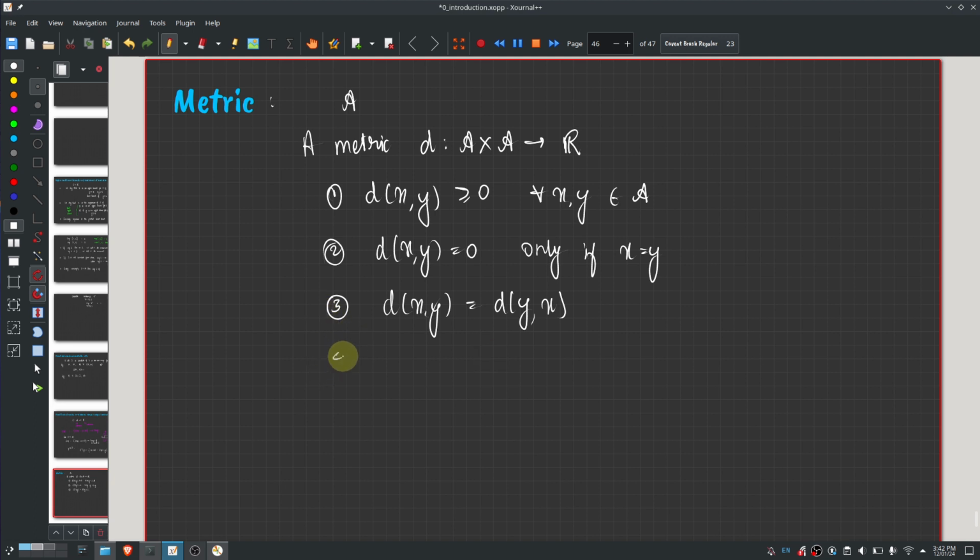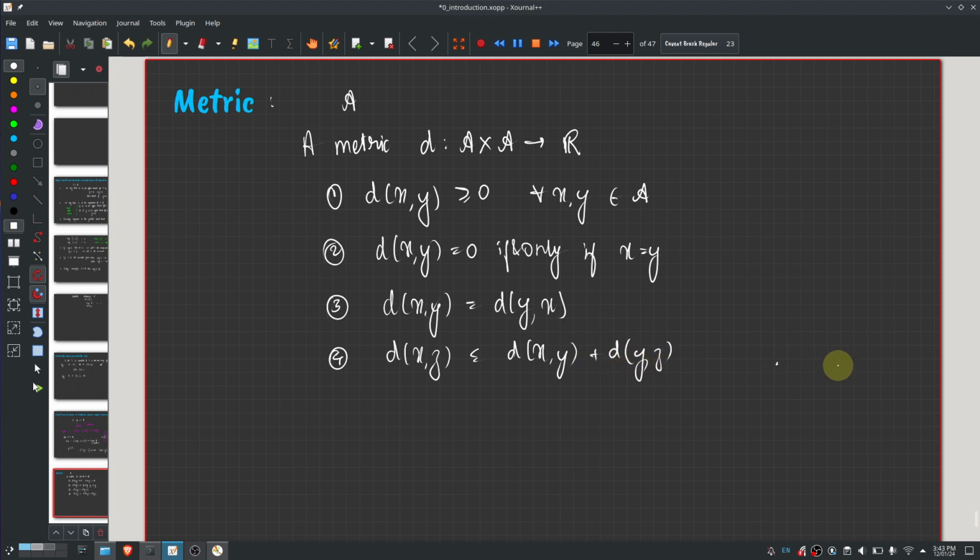And what else? It should also satisfy the triangle inequality. It says that if I take 3 points x, y, and z, then the distance from x to z should be less than or equal to the distance from x to y plus the distance from y to z.